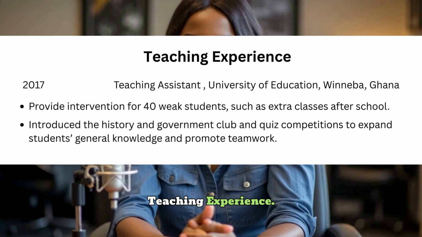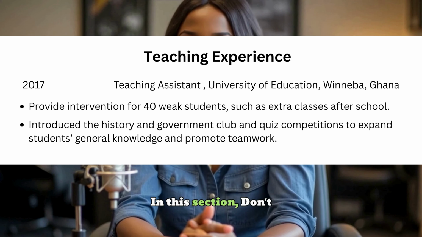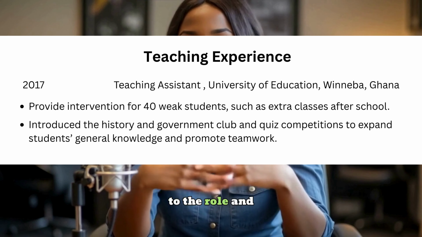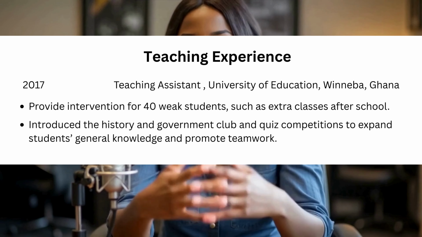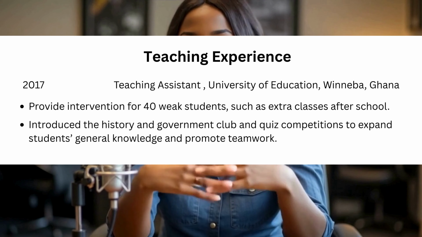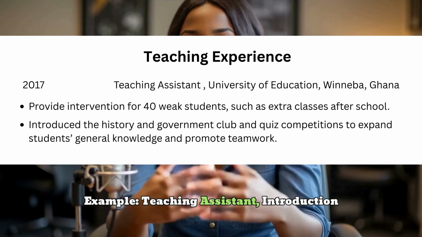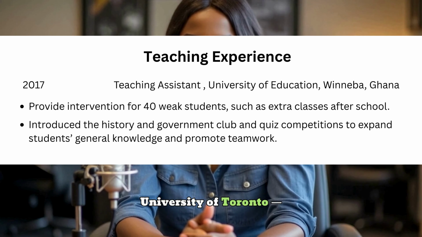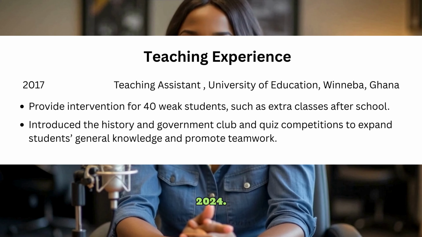5. Teaching experience. In this section, don't just say teaching assistant, show what you brought to the role and how it helped others or improved the class. Example: Teaching assistant, Introduction to Sociology, University of Toronto, January 2024 to April 2024.